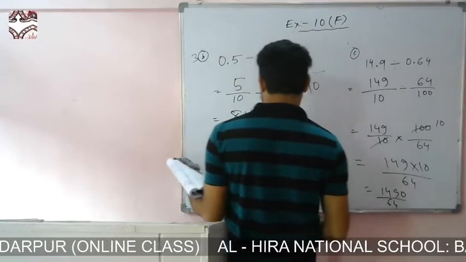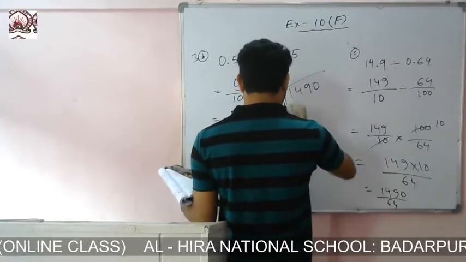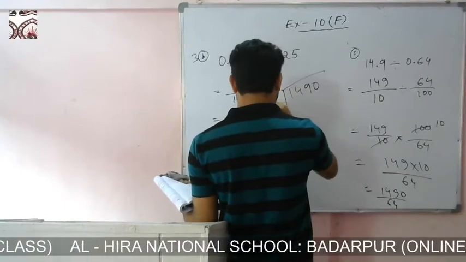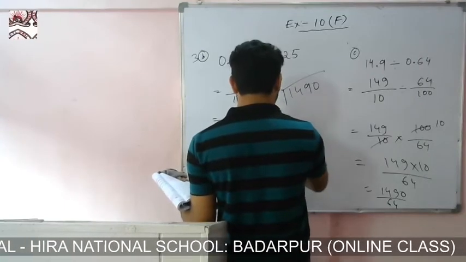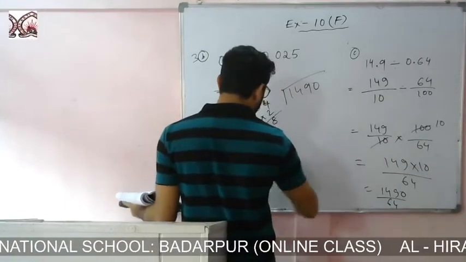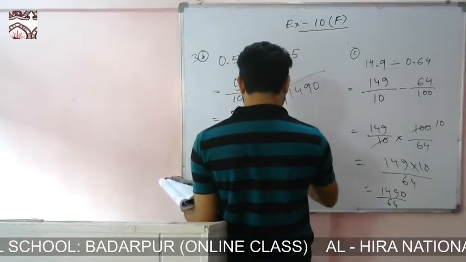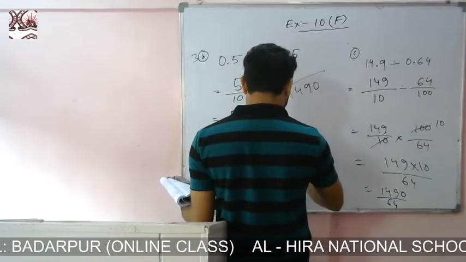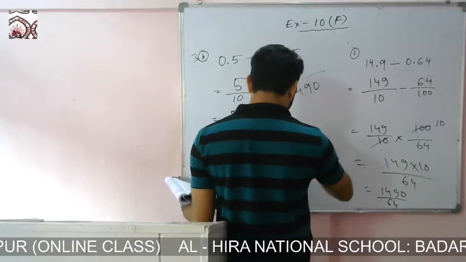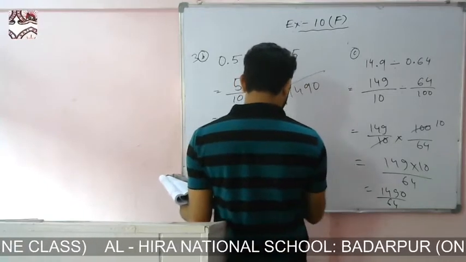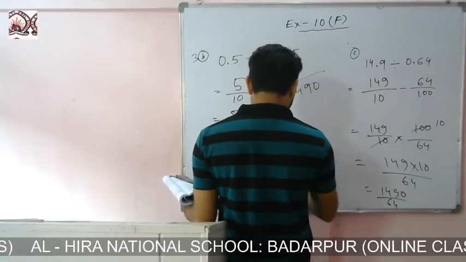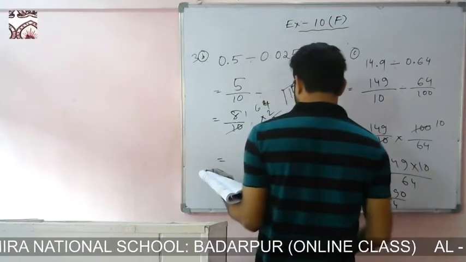Yes, 128. Earlier I have written 62, I think. Here 149, so 64 into 3: 4 3s are 12 and remain 1, and 6 3s are 18 and 1, 19. 192. Okay.